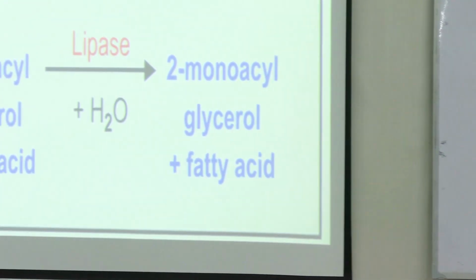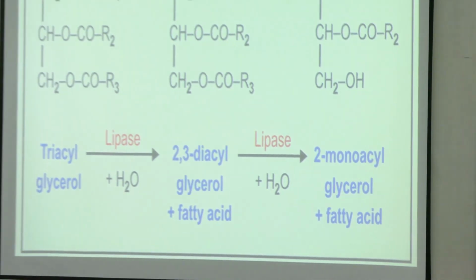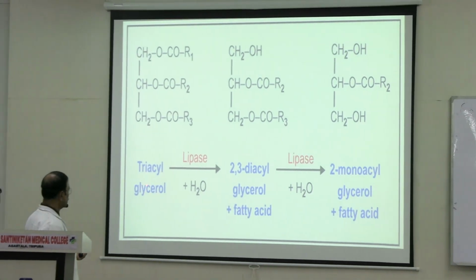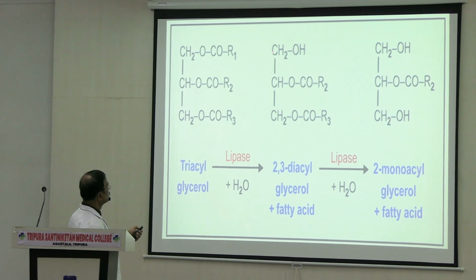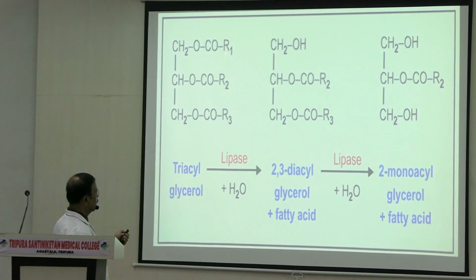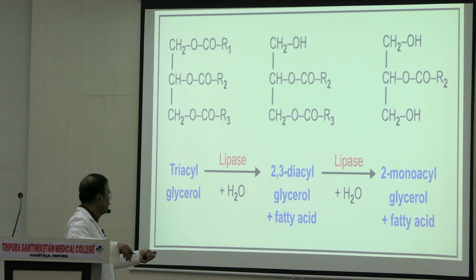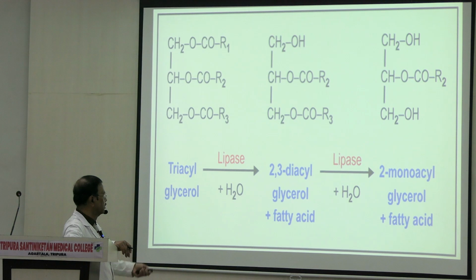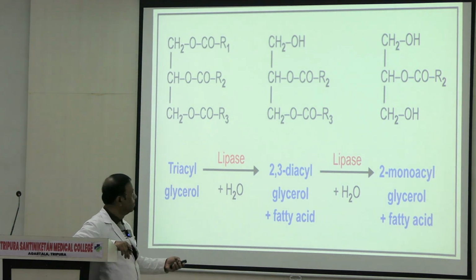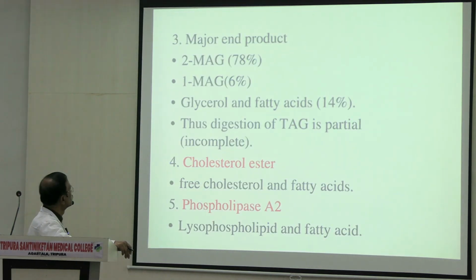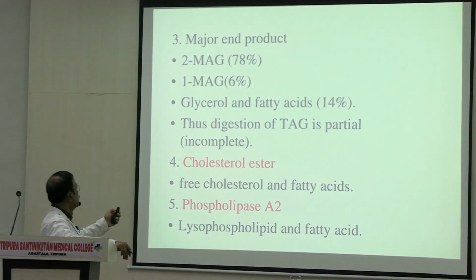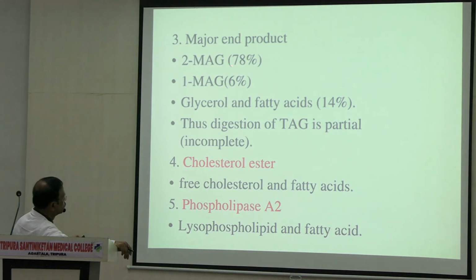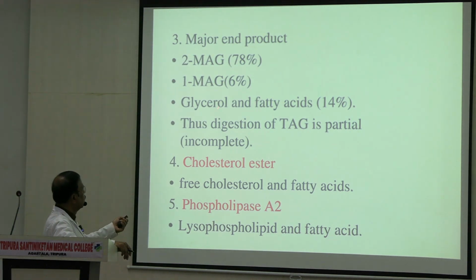Now here it is the triacylglycerol. It will act and release 1 fatty acid from group 1, giving 2,3-diacylglycerol, then 2-monoacylglycerol and fatty acids. Okay. Now after digestion, we will get what? We will get 2-monoacylglycerol, 1-monoacylglycerol, glycerol and fatty acid.